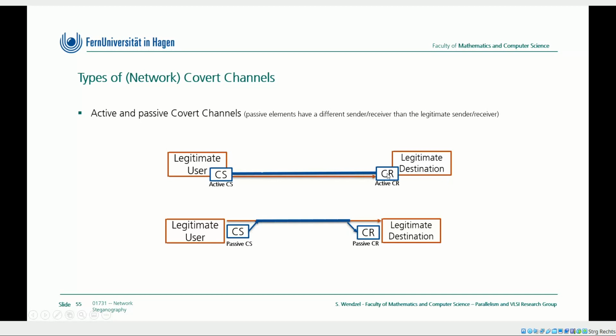And the covert receiver is also the actual destination of that data. So there's no legitimate destination that would do something with the data.